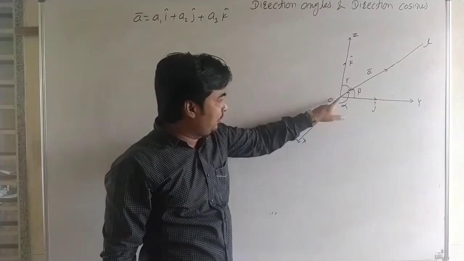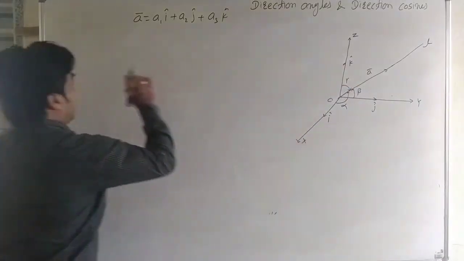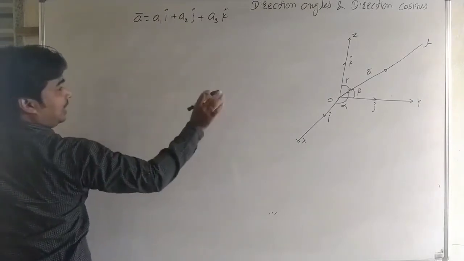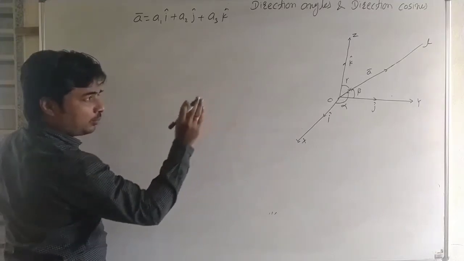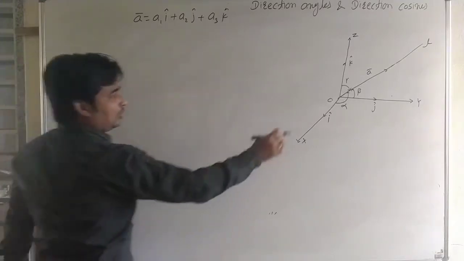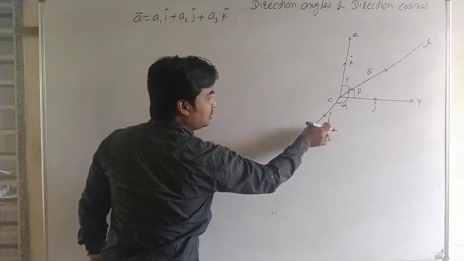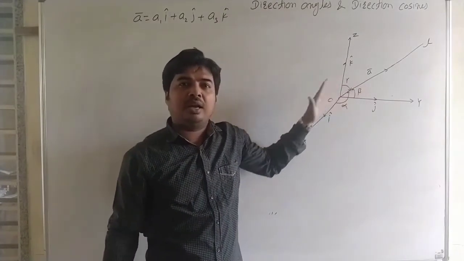Alpha is the angle between the vector and the positive direction of the x axis, and the positive direction of the x axis is i cap, the unit vector along the x axis.